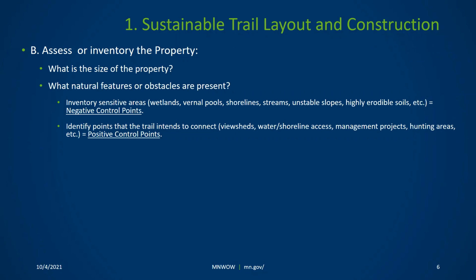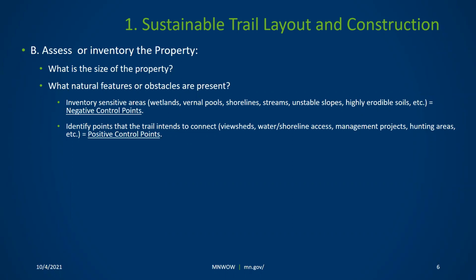So sensitive areas might be areas such as wetlands, vernal pools, if you're a little outside of where I am here in the Southeast. We don't have a lot of these, but small ephemeral pools, shorelines, unstable slopes, erodible soils, areas like that are commonly referenced as negative control points, areas we probably want to avoid.